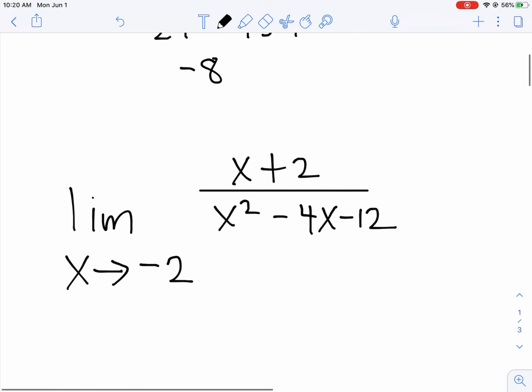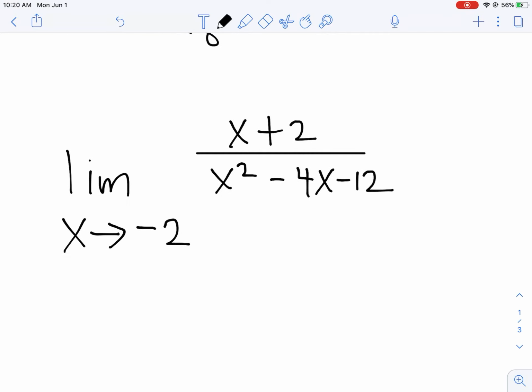You can check that with your calculator and look to see if that's the value at 3. Now this one, because it's a fraction, if you plug in -2, you get 0 over 4 plus 8 minus 12, which is 0 over 0, and that's not allowed. So what we often do is factor to try to get this to be smaller. So x plus 2 on the top.